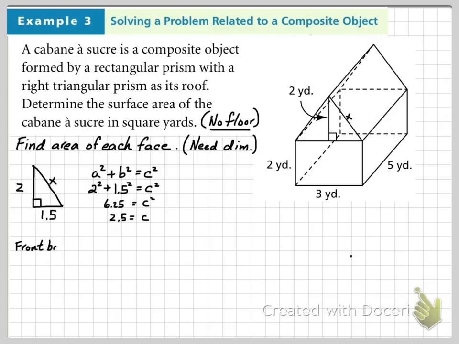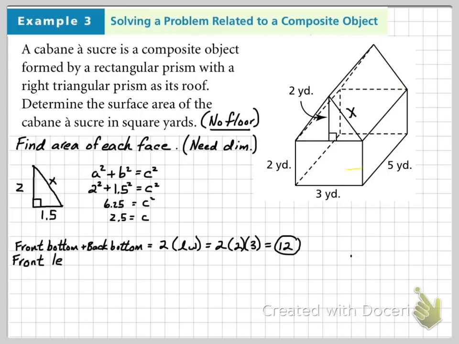I can say that the front bottom and the front back, the two yellow areas, is 2 times length times width, which is 2 times 3 times 2, which is 12. So those two yellow areas that I shaded quickly and erased quickly are going to be 12.